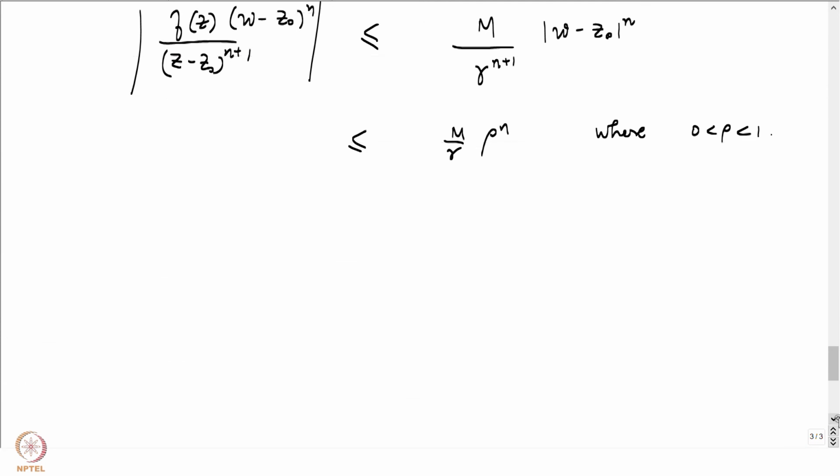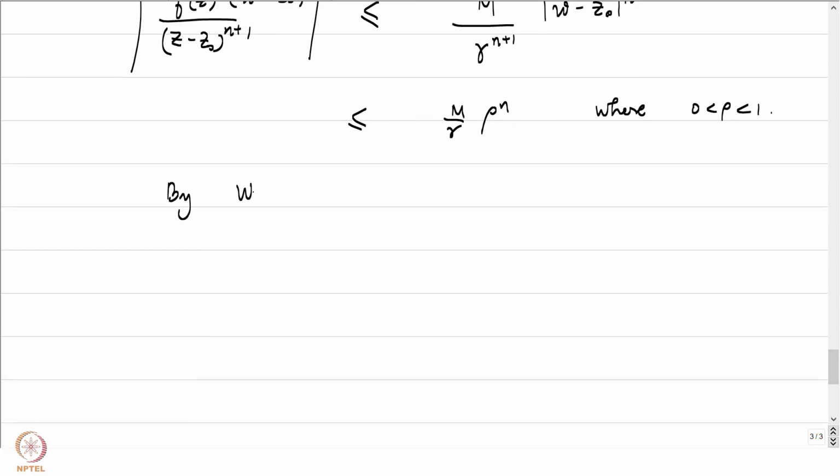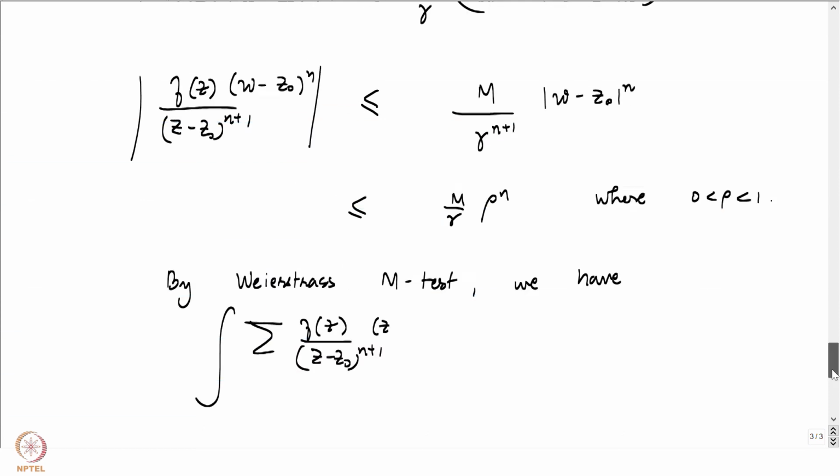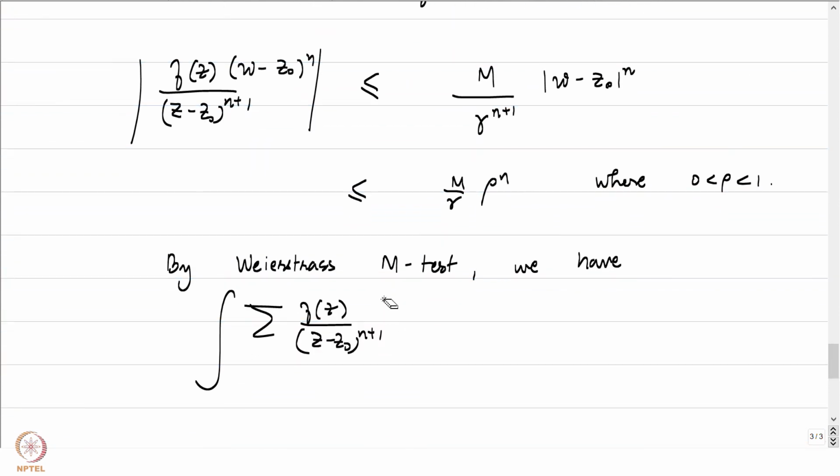And because this geometric series converges, by Weierstrass M test, and by applying the fact that the integral of the uniform limit is the limit of the integrals, we have the summation of the integral of f of z by (z minus z0)^(n+1) into (w minus z naught)^n dz over gamma.